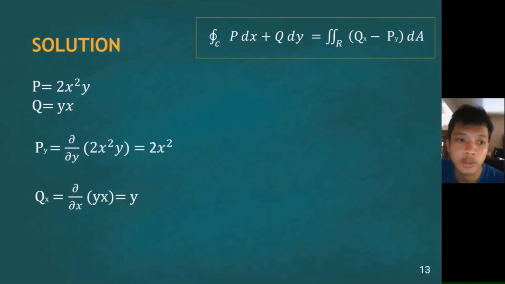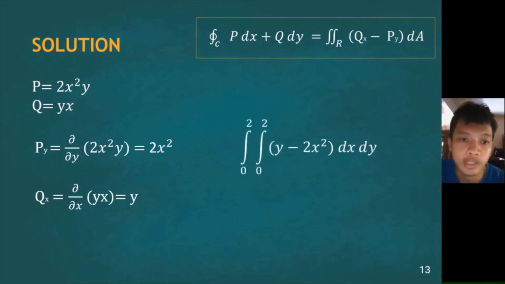So based on Green's theorem, we need to do the formula Q minus P. So it will be y minus 2x squared.